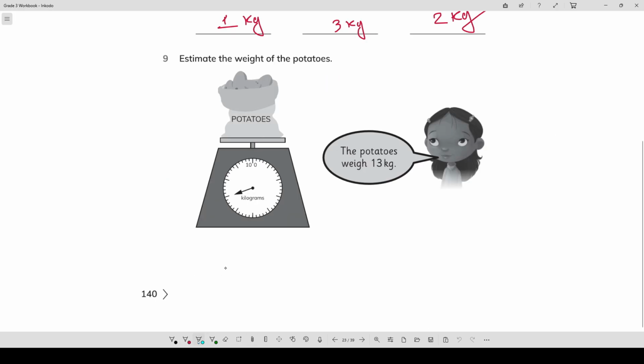Question 9, and this is the last part of exercise 12.1. This is a scale and here are some potatoes, and here is the mass of the potatoes in kilograms. A girl and a boy are talking about the weight. The girl said the potatoes weigh 13 kg.